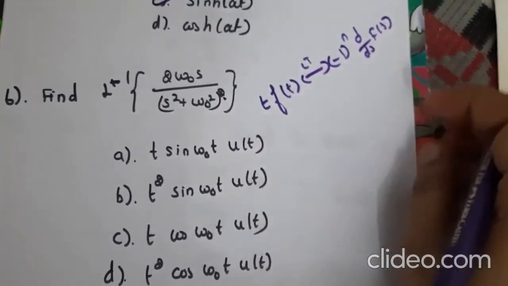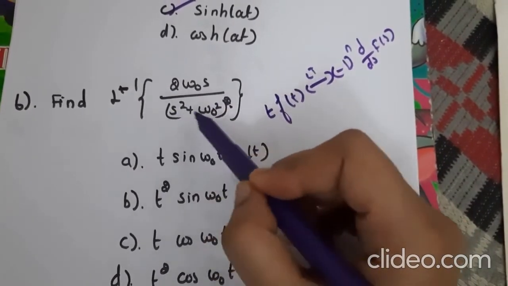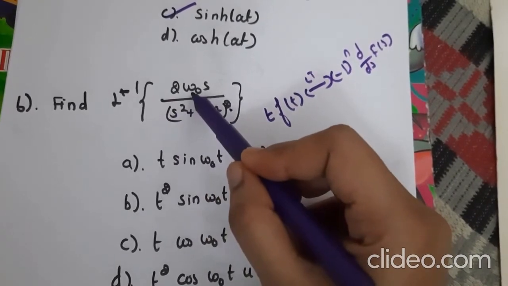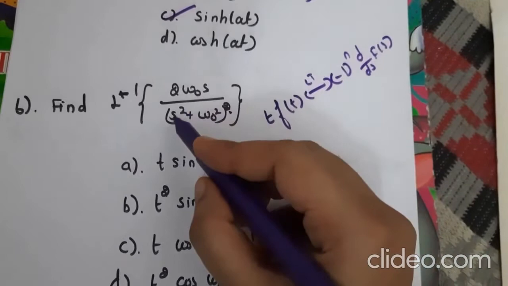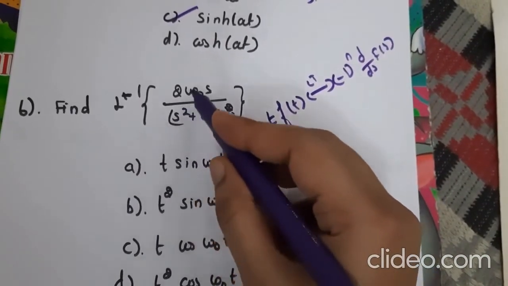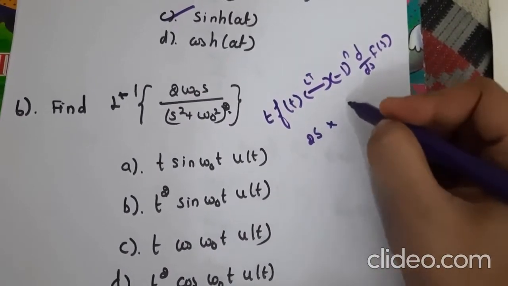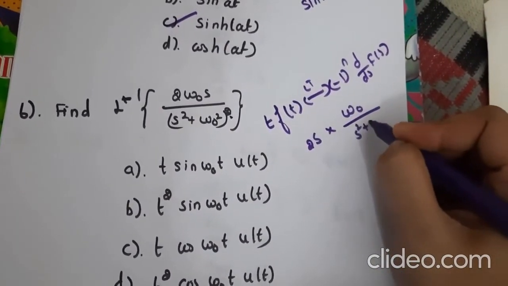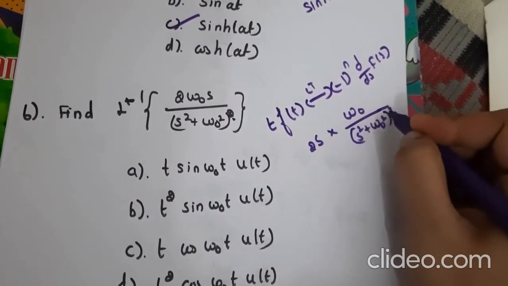So here the Laplace transform, if you differentiate this term, we will get 2s and another term is omega naught. So we can separate that term. If you differentiate this s square, what we get is 2s. So take the 2s and the remaining term omega naught divided by (s square plus omega naught square) the whole square.